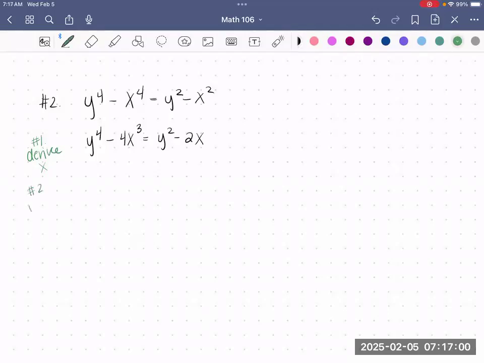Step 2, derive y and add dy dx each time you derive your y variable.